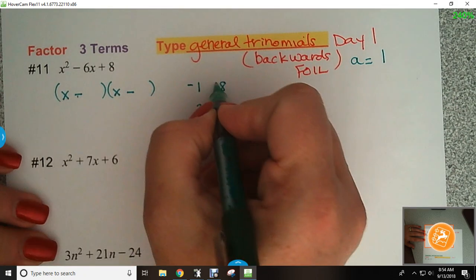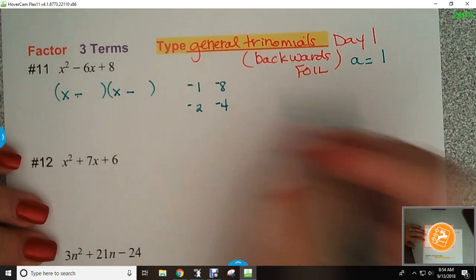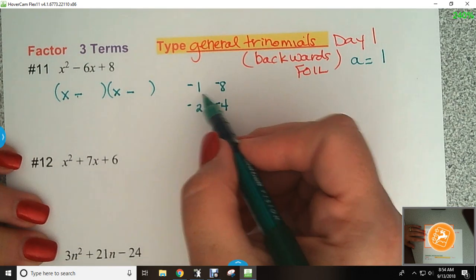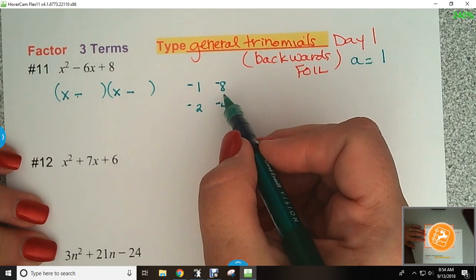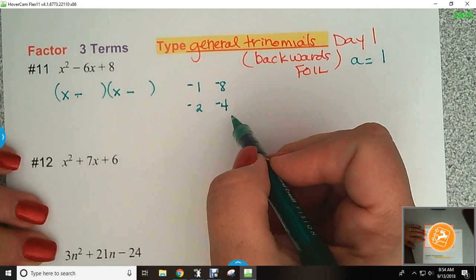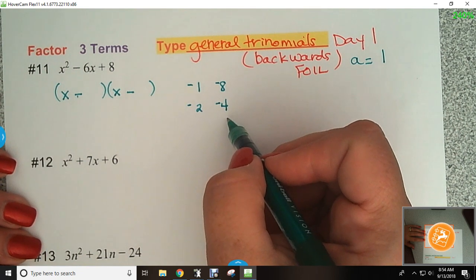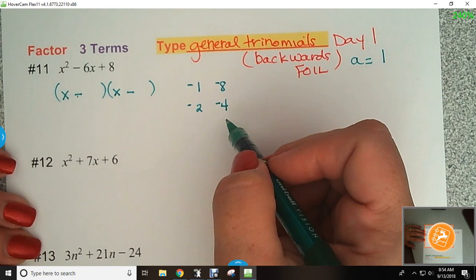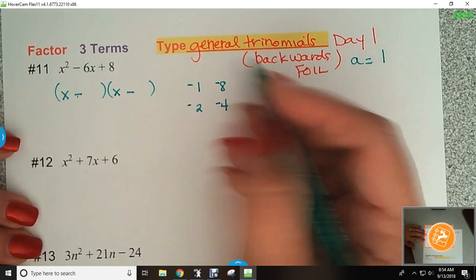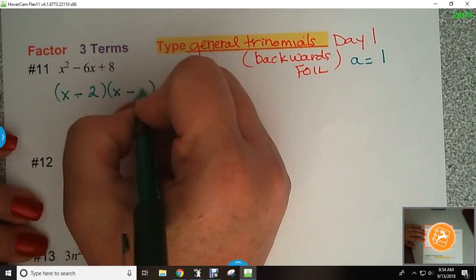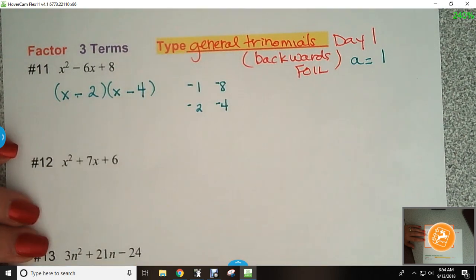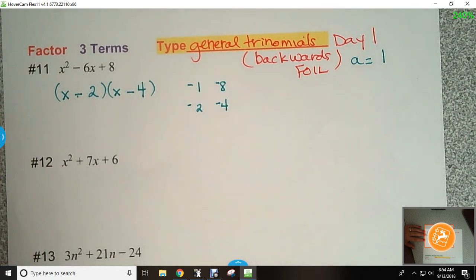So all of these factors over here are negative, because -1 times -8 gives me a positive 8. -2 times -4 gives me a positive 8. So which pair of those will add to be a -6? That is the -2 and the -4. That is your factored answer.